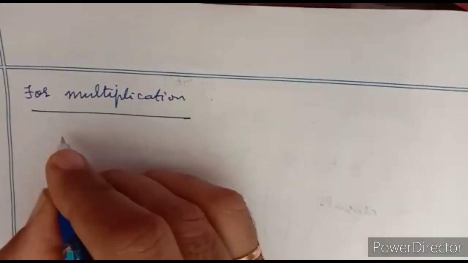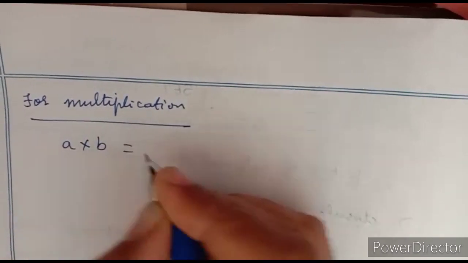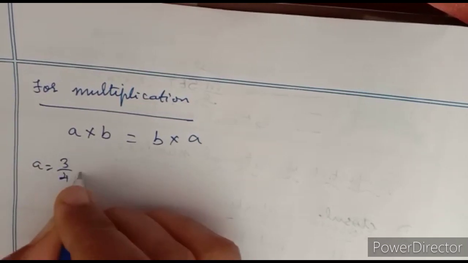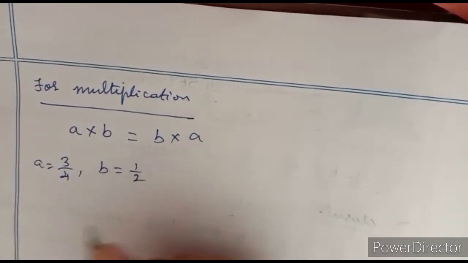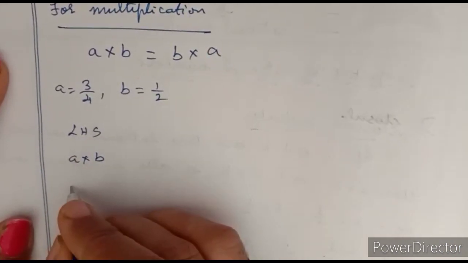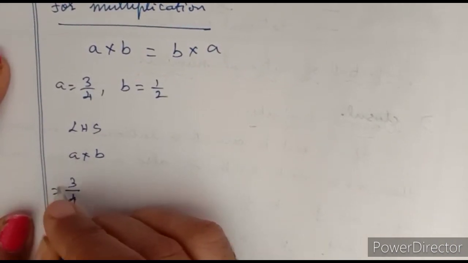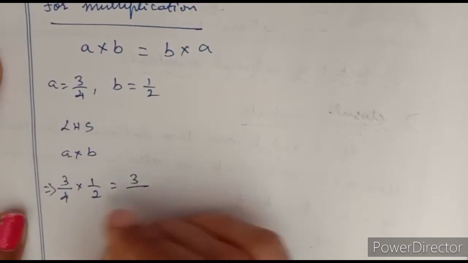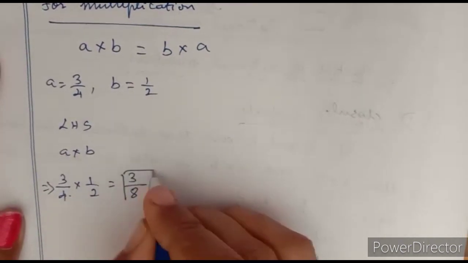For multiplication, A into B is equal to B into A. A value is 3 by 4 and B value is taken as 1 by 2. Therefore, your left hand side A into B, where A is equal to 3 by 4 into 1 by 2, which is equal to 3 1s are 3, 4 2s are 8.